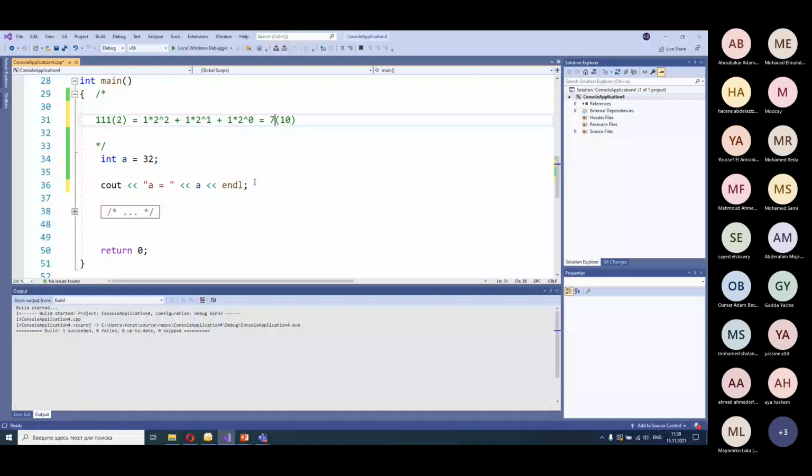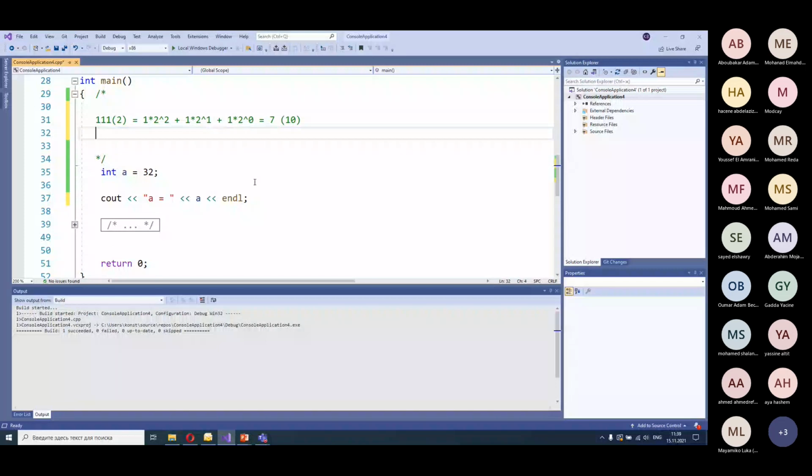Okay. Let's consider 4 cells. What is the largest number that we can write in 4 binary digits? Of course, in binary, the answer is very simple. 1, 1, 1, 1, right? In binary. Yes. But what is the corresponding number in decimal?